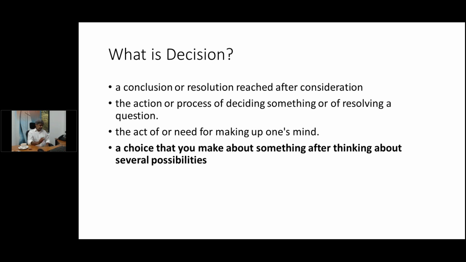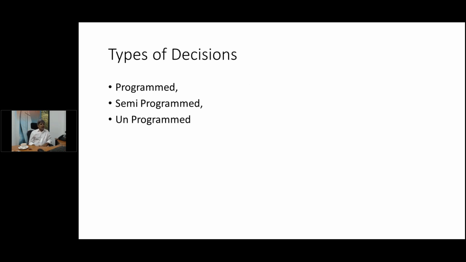Then we have the different types of decisions. We have already discussed the different types of problems. The types of problem are programmed, structured, semi-structured, and unstructured. Similarly, if the problem is structured, we have programmed decisions.